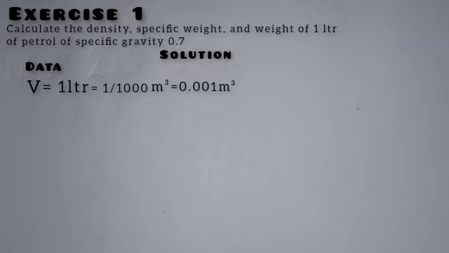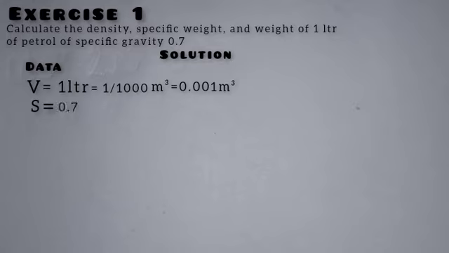So 1 liter is equal to 10 raised to power minus 3 meter cube. Now the specific gravity given, the symbol for specific gravity is S, or you say s.g., is 0.7.